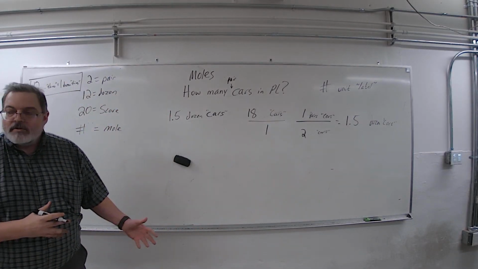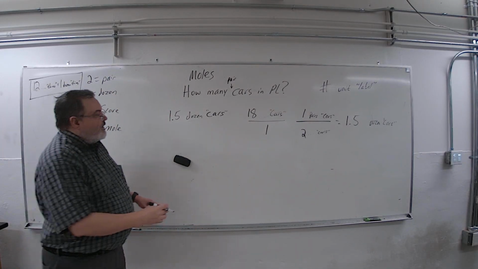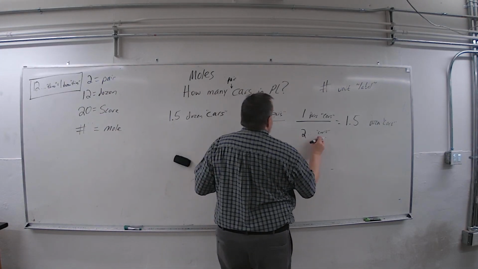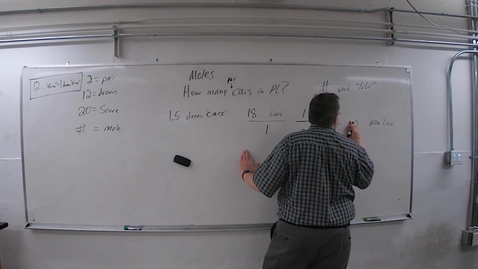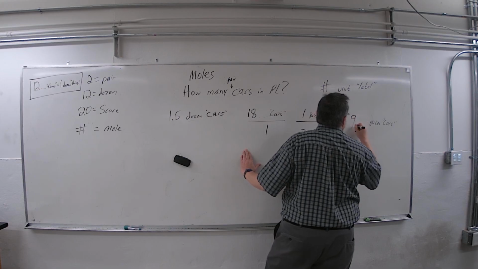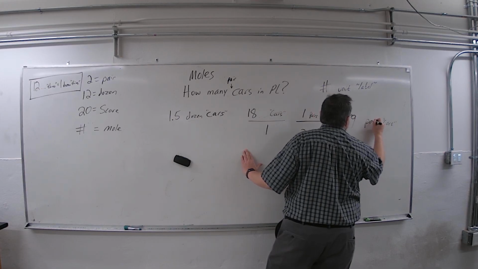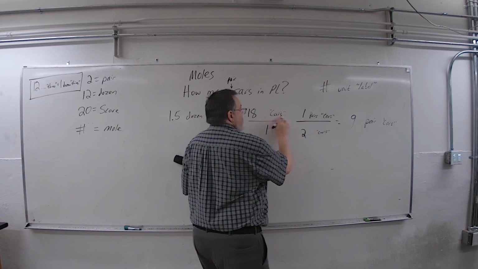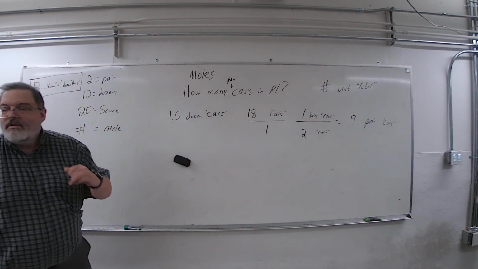One pair of cars is 2 cars, no label. Cancel no label, you divide. 9 pair of cars. That cancels, you get that many cars.